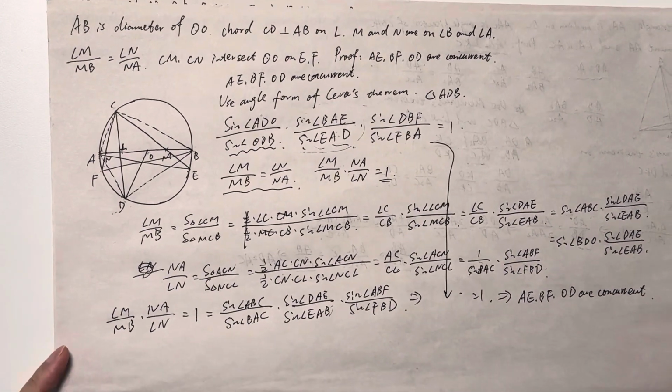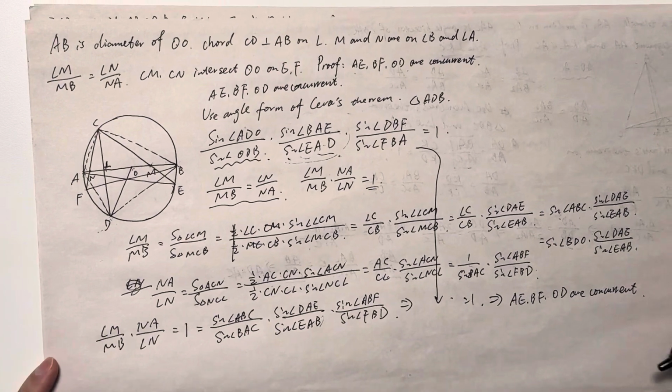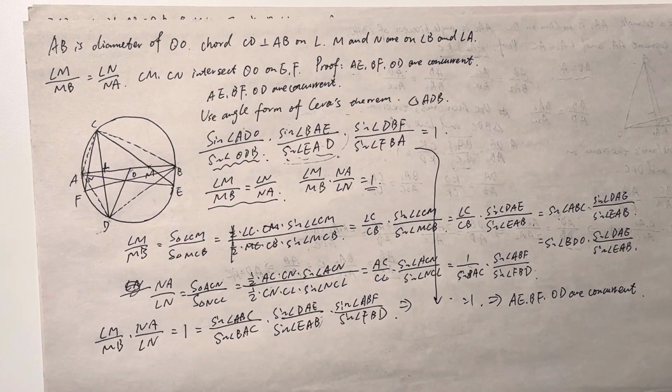Now we think twice about this problem. We start from looking at how we're going to use Ceva's theorem to prove the three lines are concurrent. We can choose the angle form or the segment ratio form, which is the linear form.